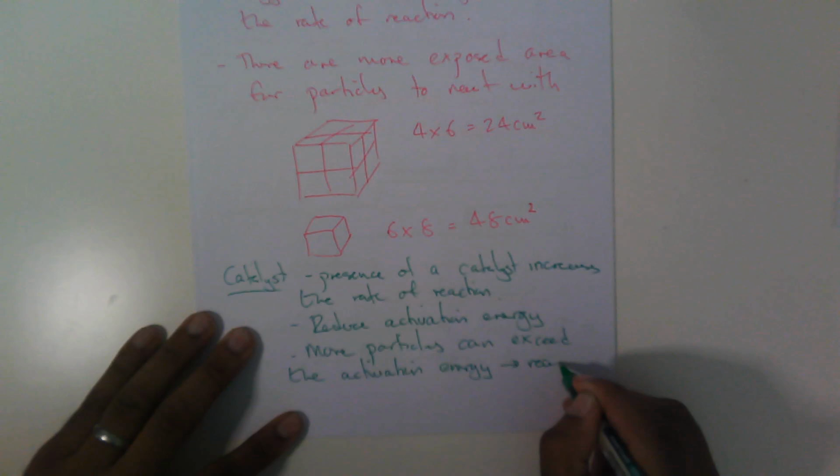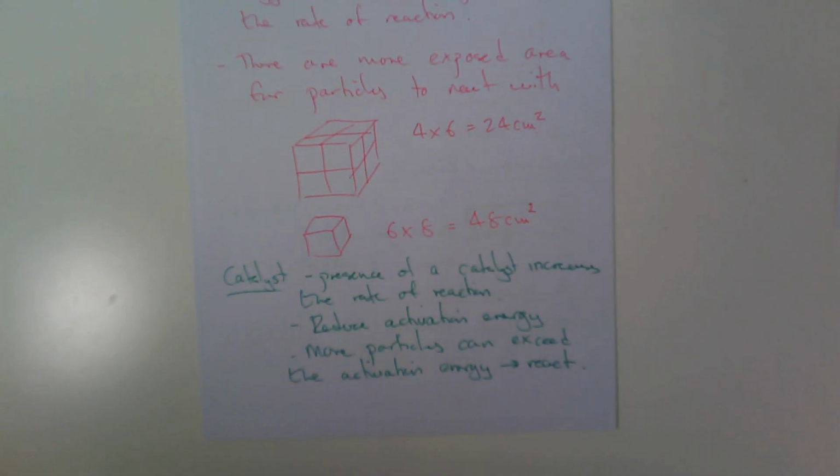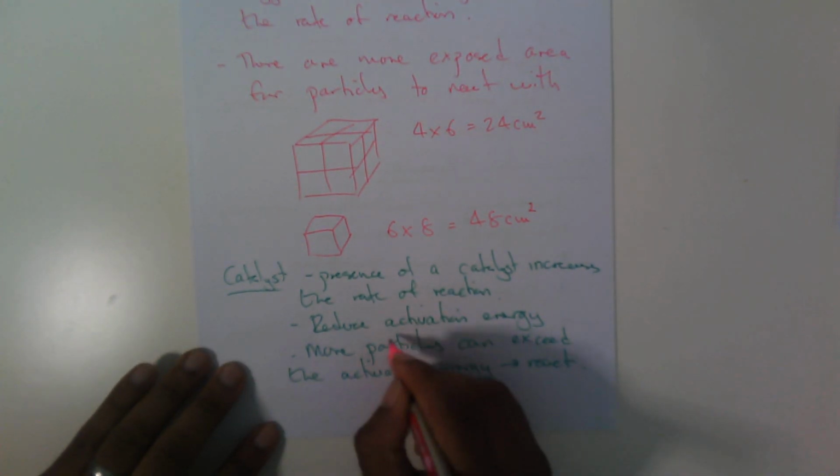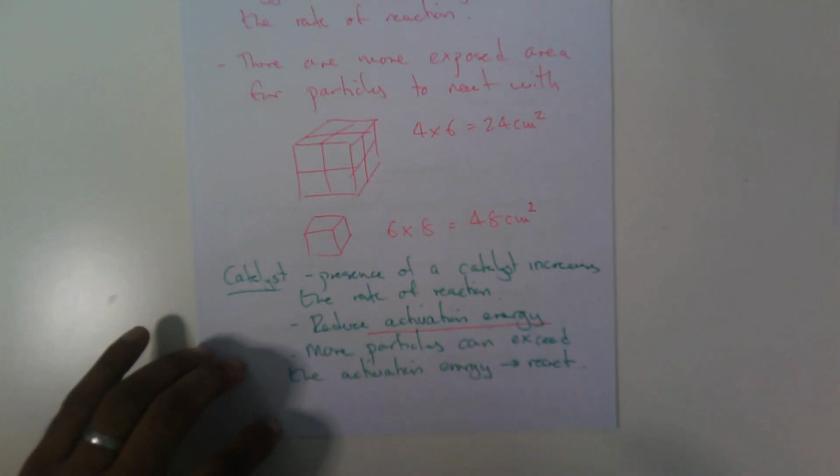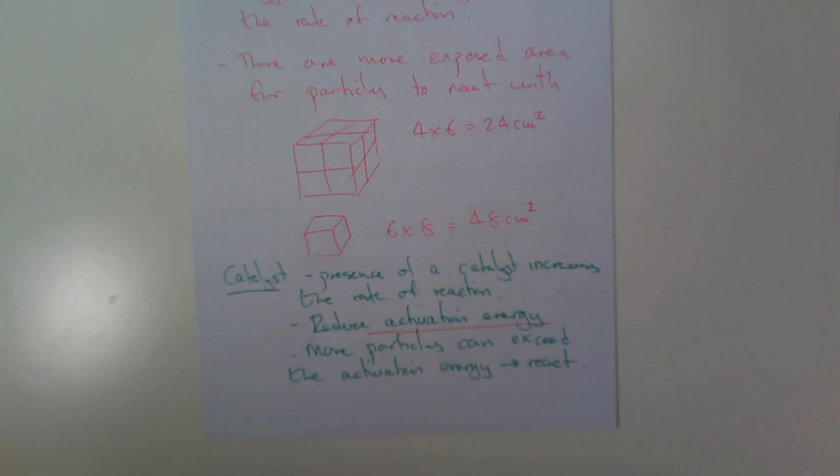A good way to think about it is if your entry requirement to get into university is reduced from 3 A stars to 3 Bs, more students will be able to exceed that requirement compared to when it was much higher. So reducing the requirement, so reducing the activation energy, means that more particles can exceed that, and therefore the reaction happens quicker. So those are your 4 variables that will affect the speed of a reaction.